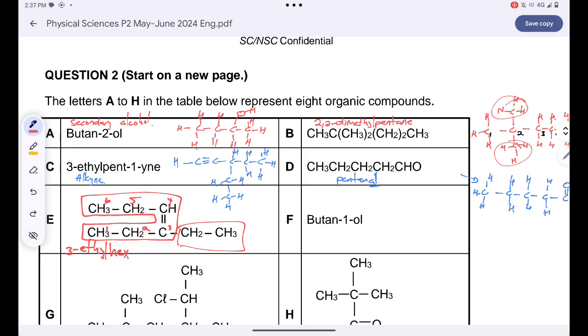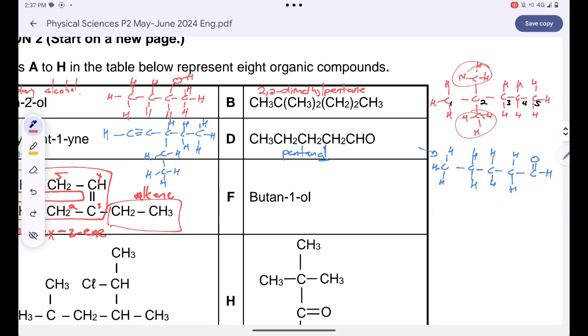And then since the double bond is between carbon number 3 and 4, I'll always choose the smaller number between the two. That's 3-ethylhex-3-ene. Are you together? And this type of compound is called an alkene. It's an unsaturated hydrocarbon.